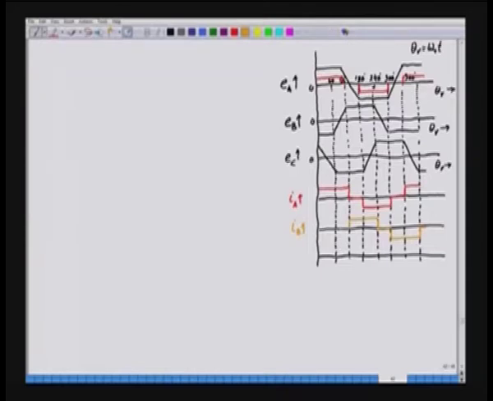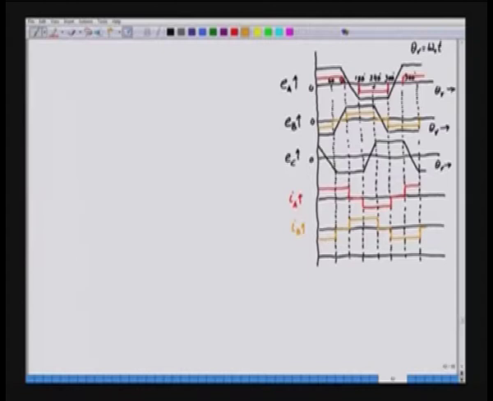Similarly, here we have 0 and negative. So the current pulse essentially exists here. When the back EMF is positive, the current is positive, and when the back EMF is negative, the current is negative. As a result, in phase B also EB and IB are in phase, and the product of EB and IB will be positive, and hence we have a positive power.